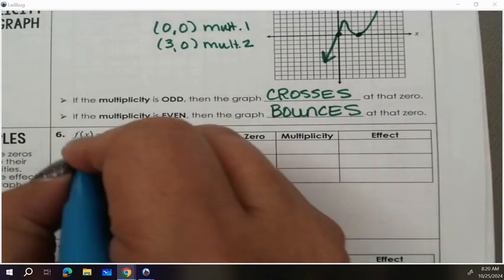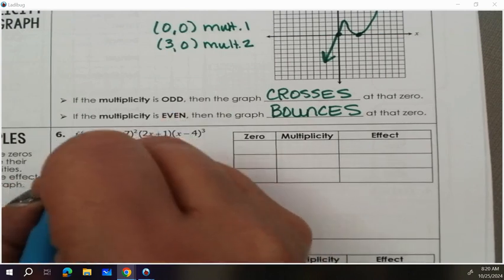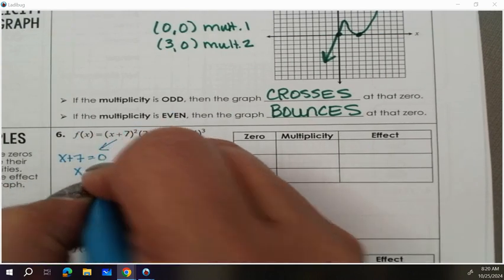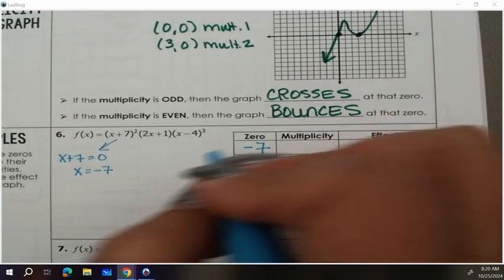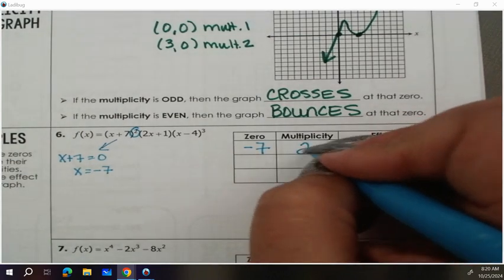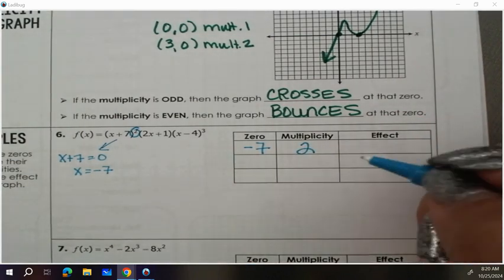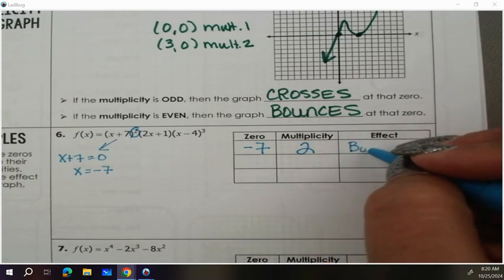So x plus 7 equals 0. So my zero is negative 7. The degree is 2 right here, so that's its multiplicity. And if it's an even multiplicity, it's going to bounce.